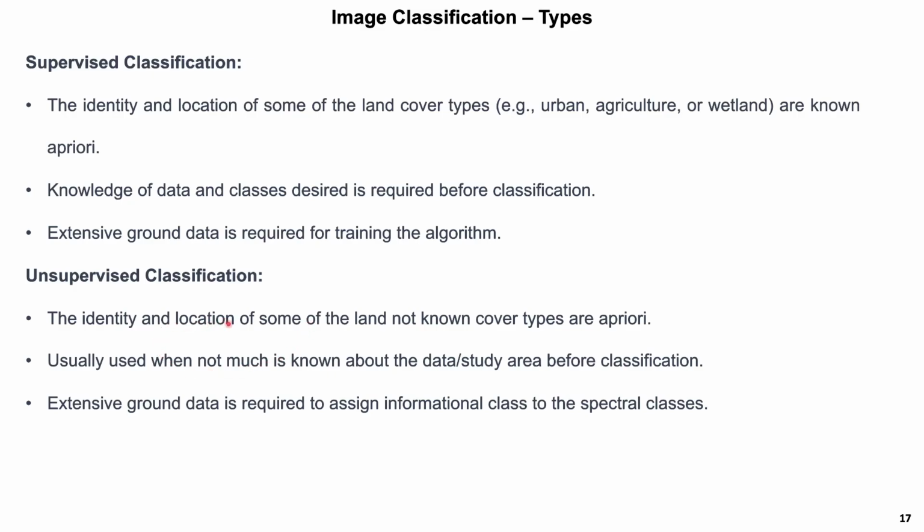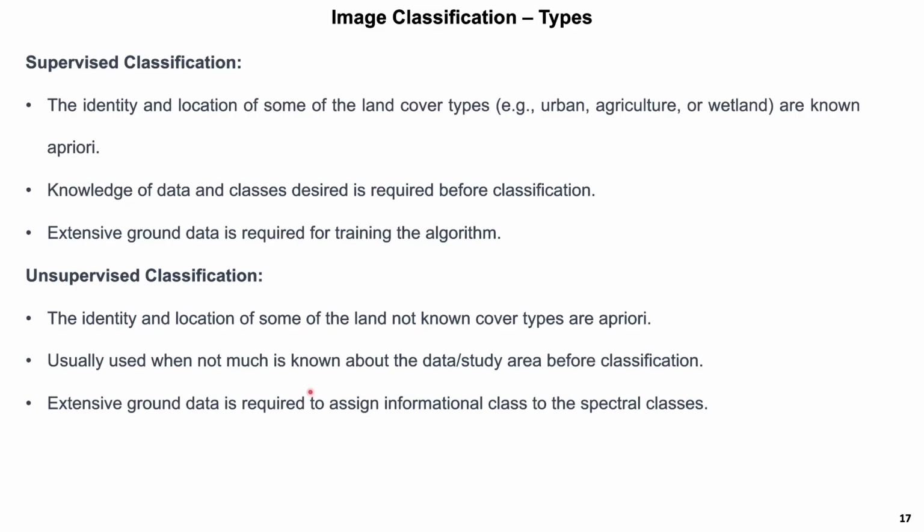By doing unsupervised classification, you just give the number of classes that you need to produce. So let's say you want 5 classes, and you run the algorithm, it will produce 5 classes, and it will not say class 1 is urban, class 2 is agriculture, like that. So then we need to do some visual interpretation and find out what each class is.